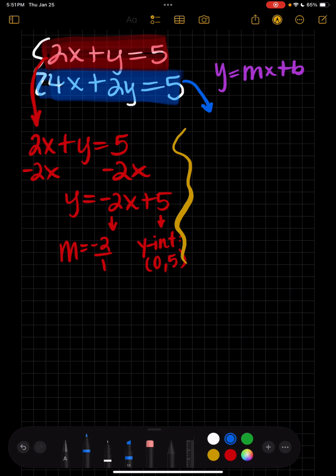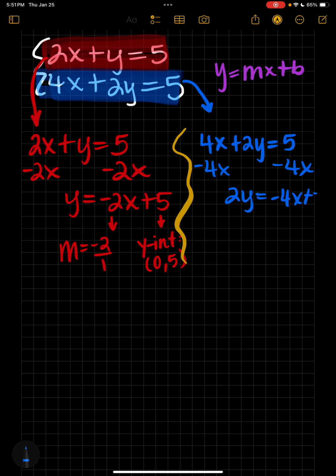So the first thing we're going to do is move that 4x over. So I have 2y equals, these again are not like terms, so we'll write that as just negative 4x plus 5. And now to get y by itself, we will divide everything by 2.